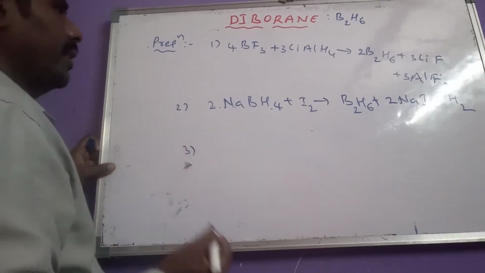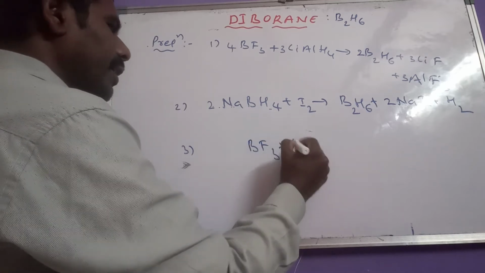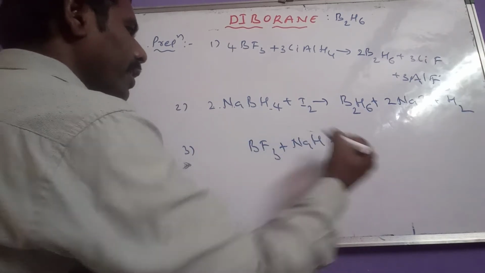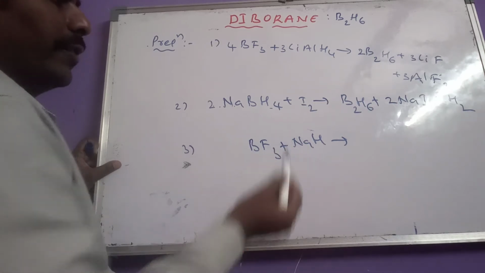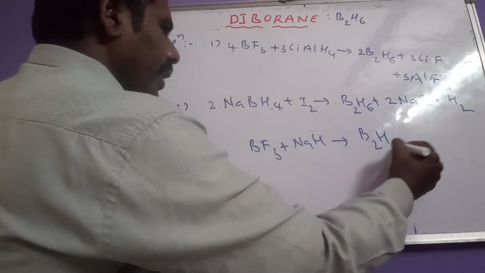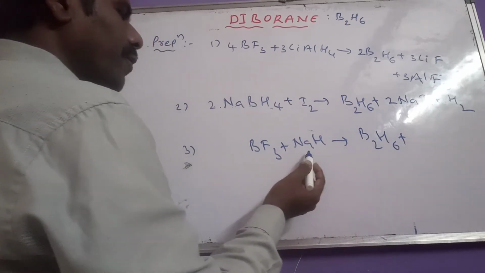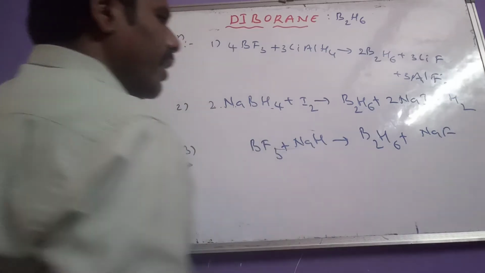And another method for the preparation: boron trifluoride reacts with sodium hydride. So when boron trifluoride is reduced with sodium hydride, we get B2H6. And of course sodium and fluorine go out as NaF.